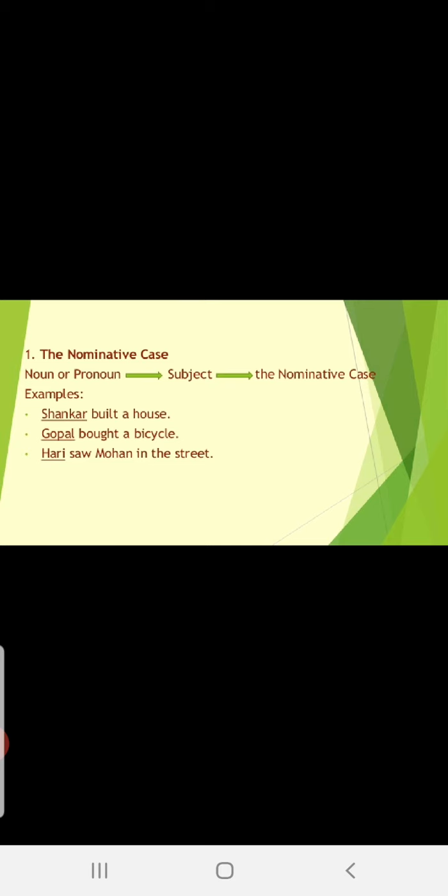Shankar built a house. Who built a house? Shankar. So, it is nominating that person. Gopal bought a bicycle. Who bought a bicycle? Gopal. Hari saw Mohan in the street. Whom did Hari see? Hari saw Mohan in the street.